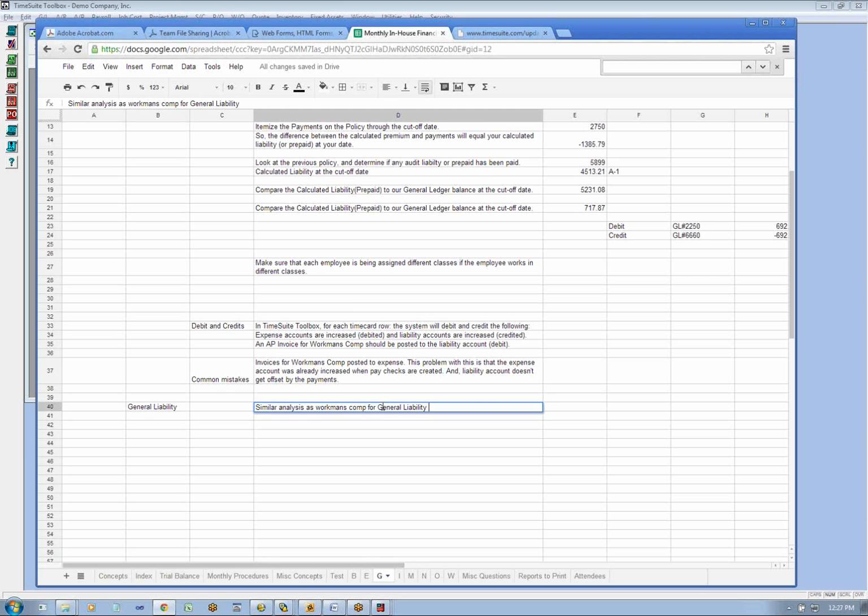And that's basically your general policy. The umbrella is not always based on labor, but it can be. Now, if you're a general contractor, you're not going to be calculating general liability on labor. You're generally going to do it on your revenue, so you'll have a computation for revenue.